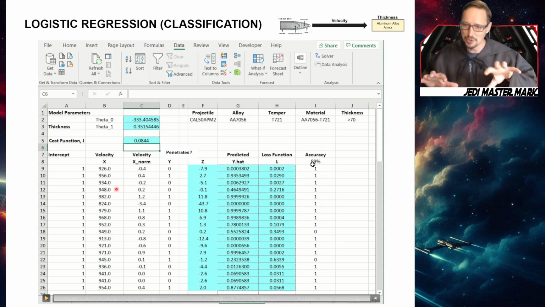The one distribution of lower velocities where the bullet is stopped, and the one distribution of higher velocities where it's going to penetrate every time. And there's going to be a crossover point, and the model has difficulty capturing some of those, probably because it's a very simple model, what we've done here. So that's just this example of logistic regression.